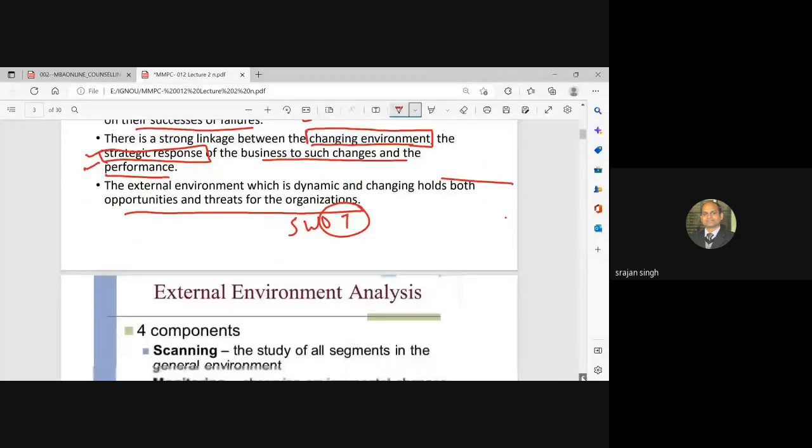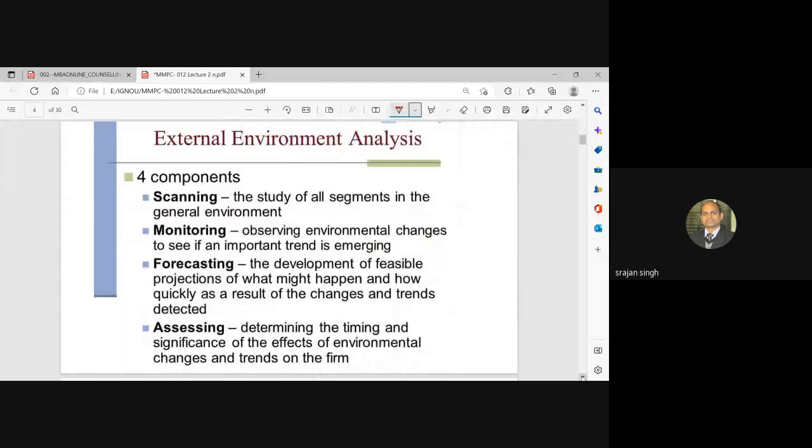Next, external environment analysis. There are four components of external environment analysis: scanning, monitoring, forecasting, and assessing. Scanning is the study of all segments in a general environment. Whatever the general environment is, you have to study all those factors available.